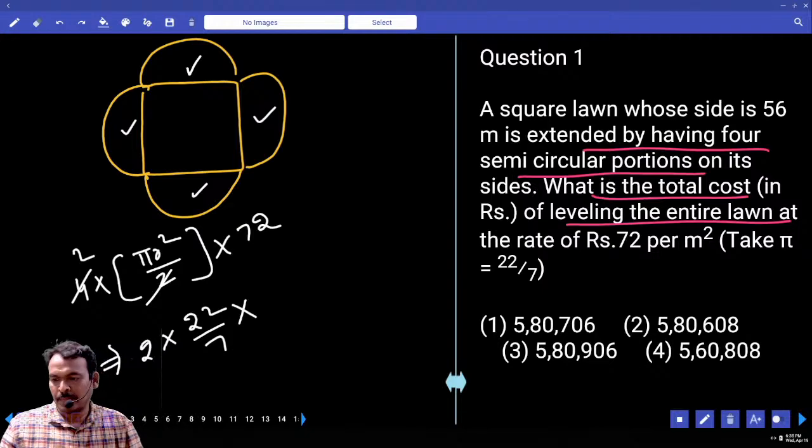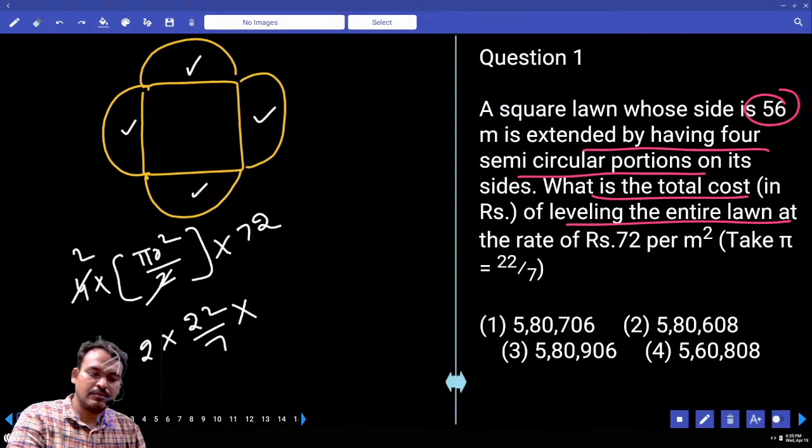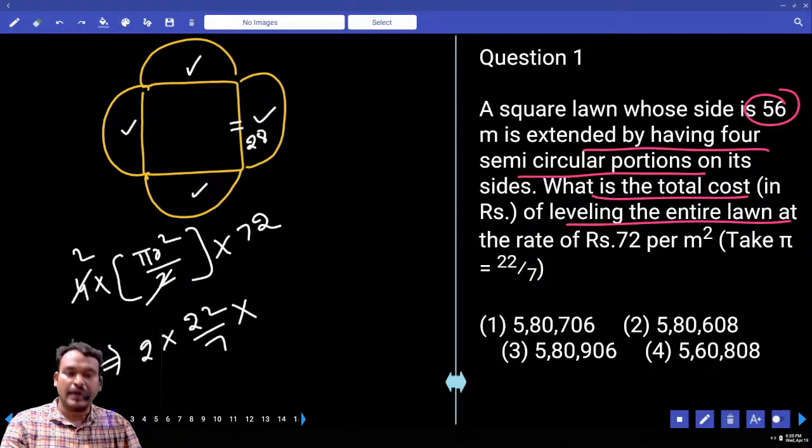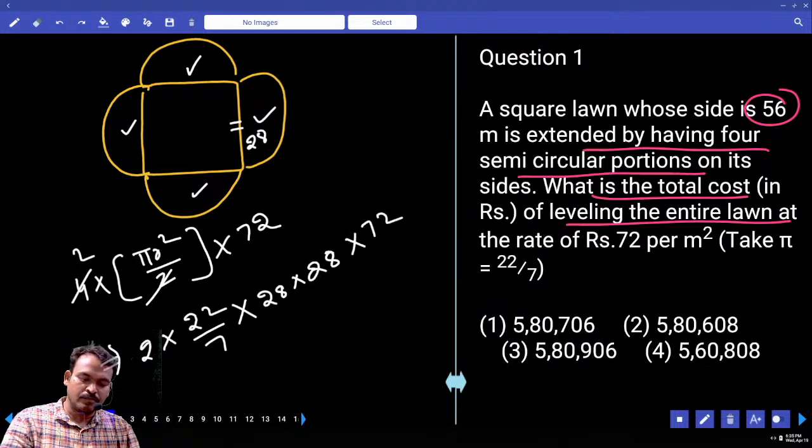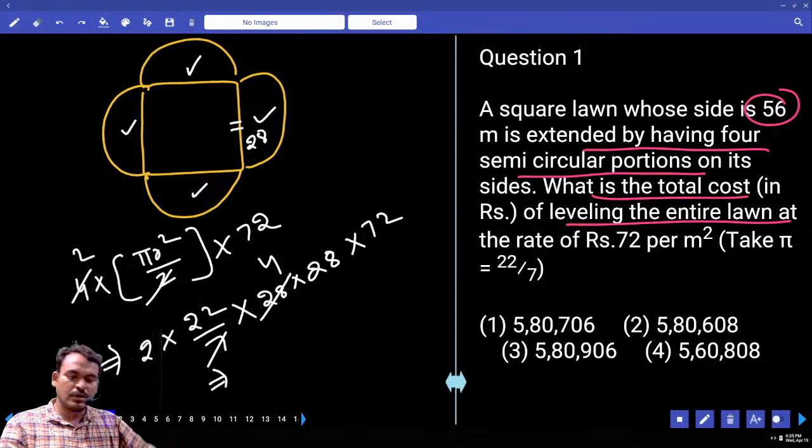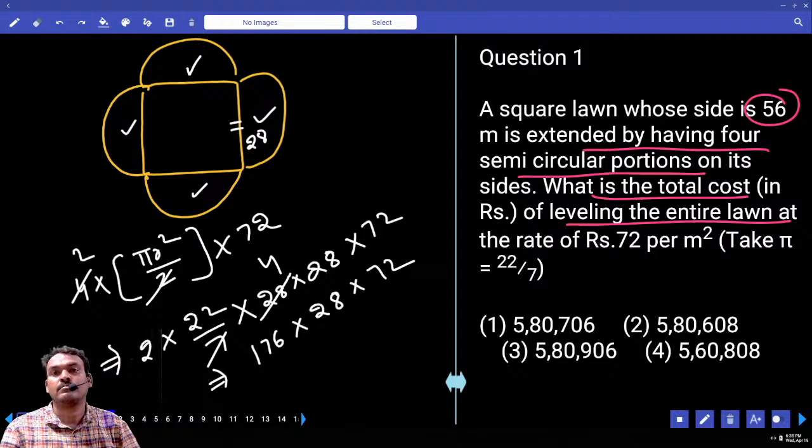What is the radius? The side is 56, so the radius is 28. Then 28 into 28 multiplied by 72. 7 goes into 28 4 times. 22 twos are 44, into 4 means 176, into 28 into 72. Simplify this and we get the answer.